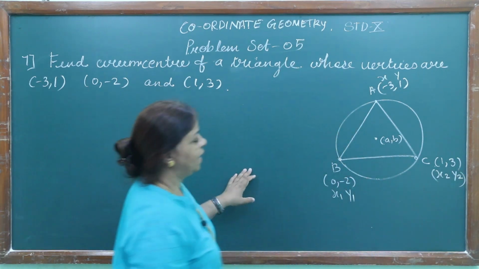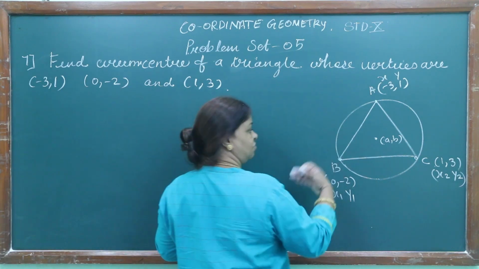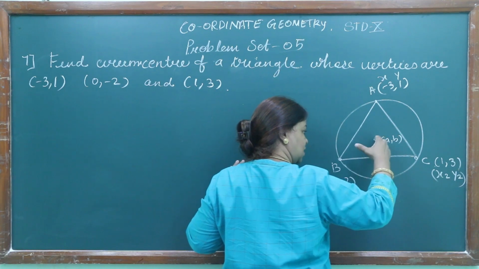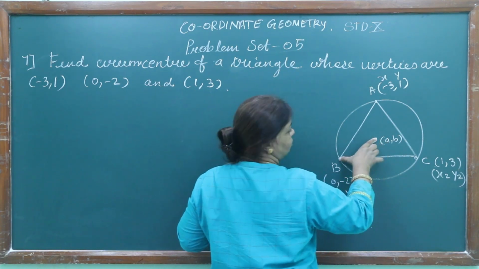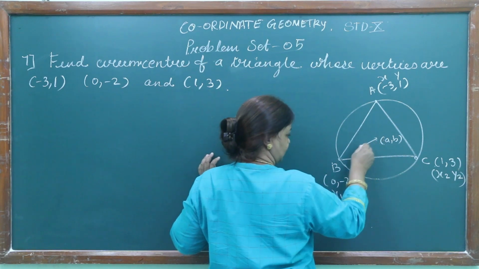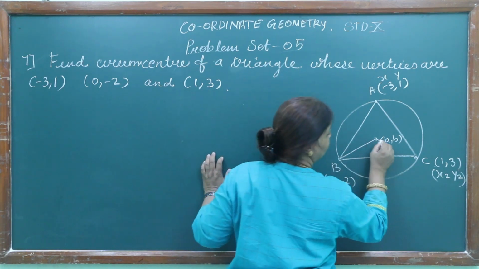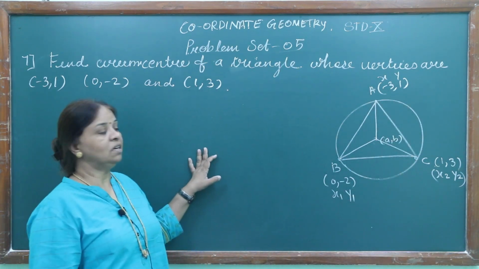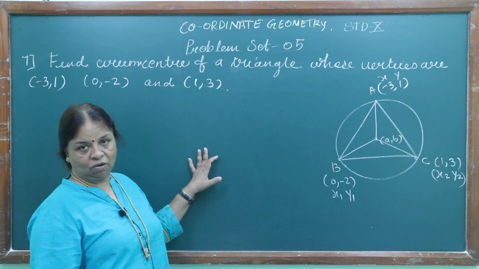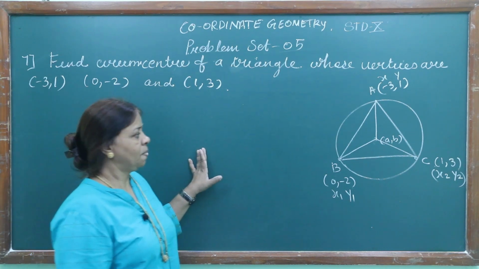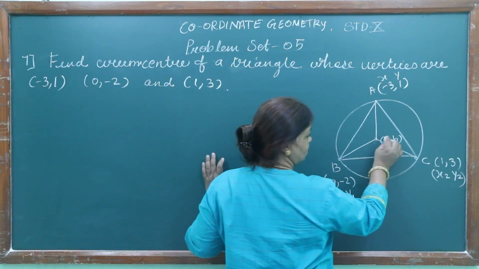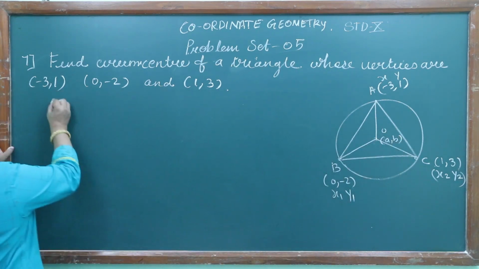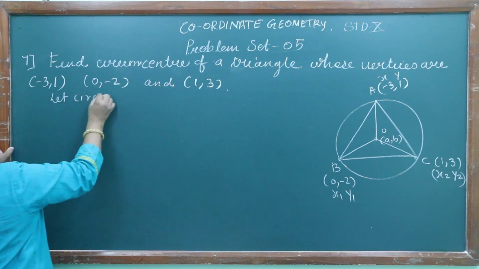Okay, and the distance from the circumcenter to one of the vertices will be the radius, and this is how we can draw the circle. Then only the vertices will lie on the circle. So what is this? This is point O. Let us say that point is O. The circumcenter, let the circumcenter be O.